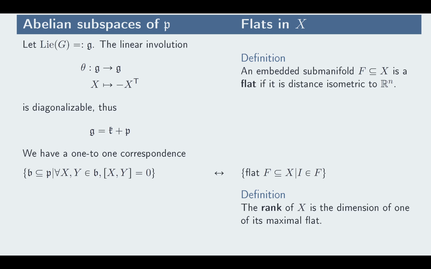Maximal flats exist because maximal abelian subspaces exist, because p is finite dimensional. You can also argue this for flats: one-dimensional flats exist, and the dimension of X is finite, so maximal flats exist. Rank is the dimension of a maximal flat. To show that this is well defined, I have to show that all maximal flats have the same dimension, which is true.